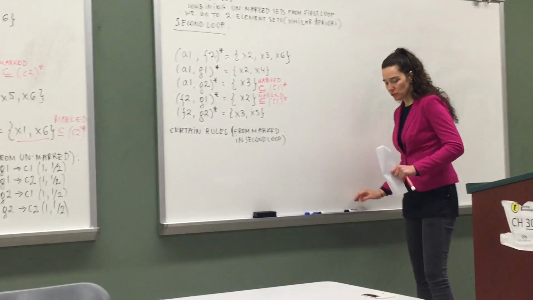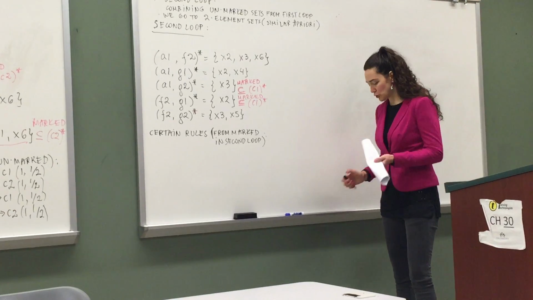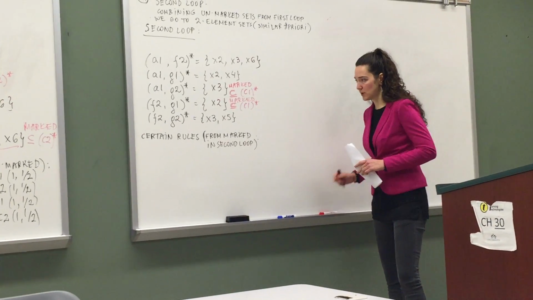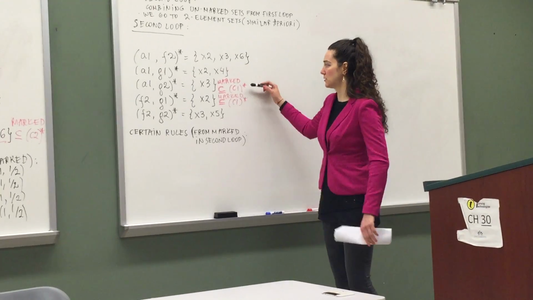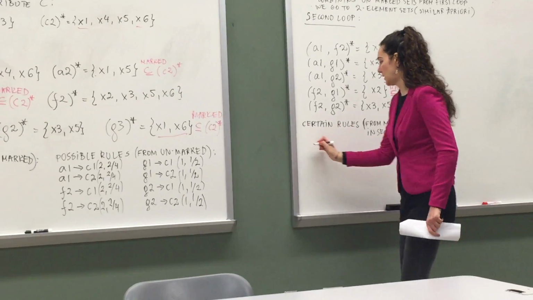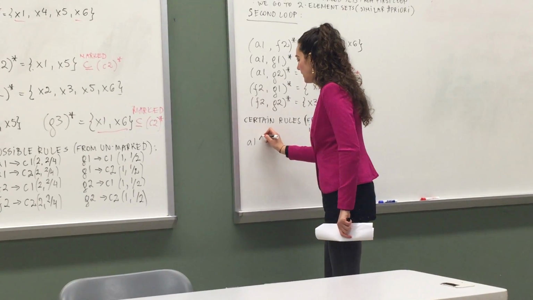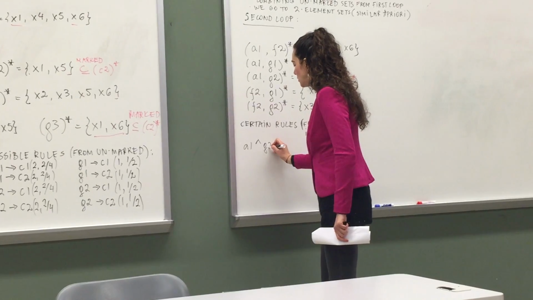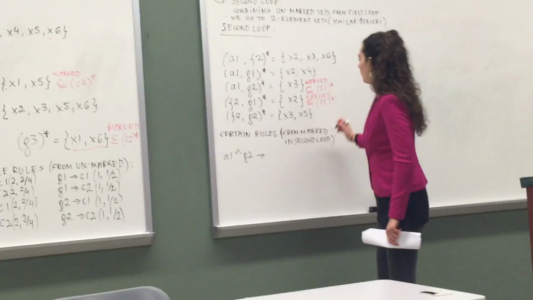So certain rules we will create from the marked sets, which means the confidence is 100% for these rules. So the first marked set is this one, A1, G2. So the first rule will say A1 and G2 implies what?